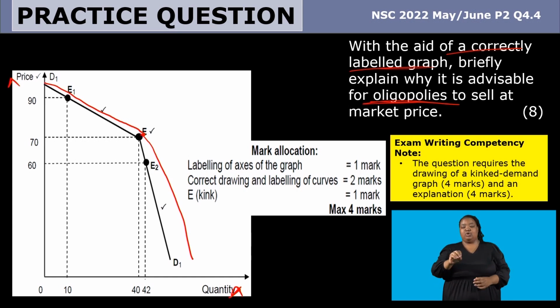Then for an oligopolist, the kink is always our equilibrium. So the firm should set a price at the kink, and the quantity they should sell should be at the kink as well.